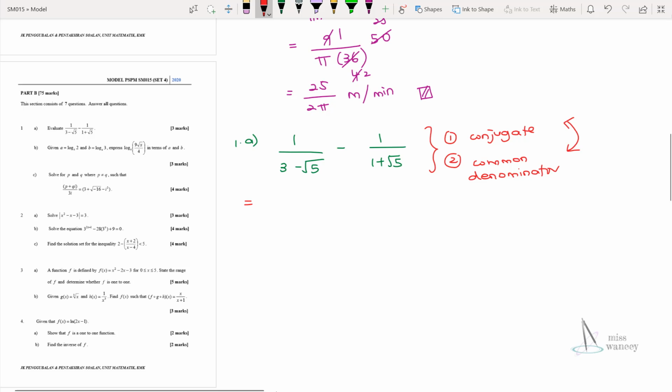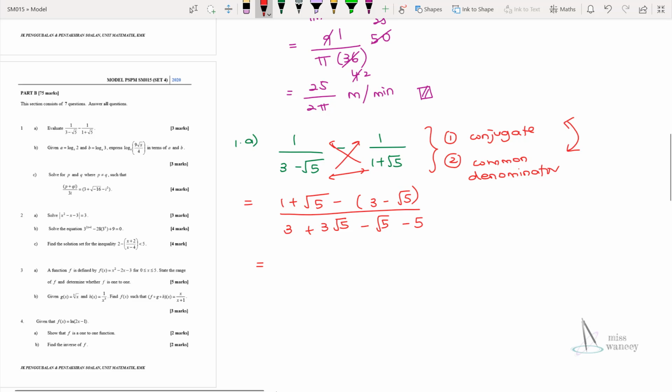Now the common denominator: bring them up and multiply the denominators. I have 1 plus square root of 5 minus 3 minus square root of 5, over 3 times 1 is 3, 3 times root 5 is 3 root 5, negative root 5 times 1 is negative root 5, negative times positive is negative, root 5 times root 5 is 5.